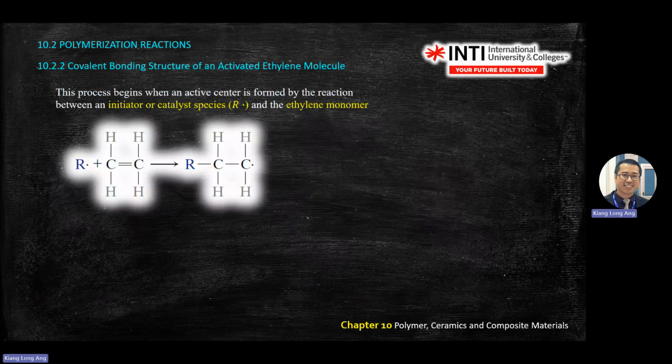Then next we're going to recall what polymerization is, how you polymerize. So you put in a catalyst, R dot, plus the polymer. So this double bond breaks, then joins with the catalyst.